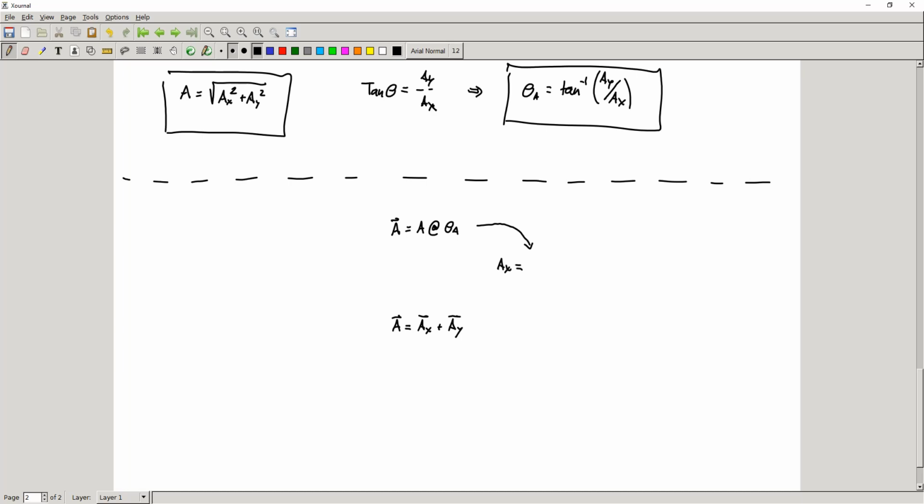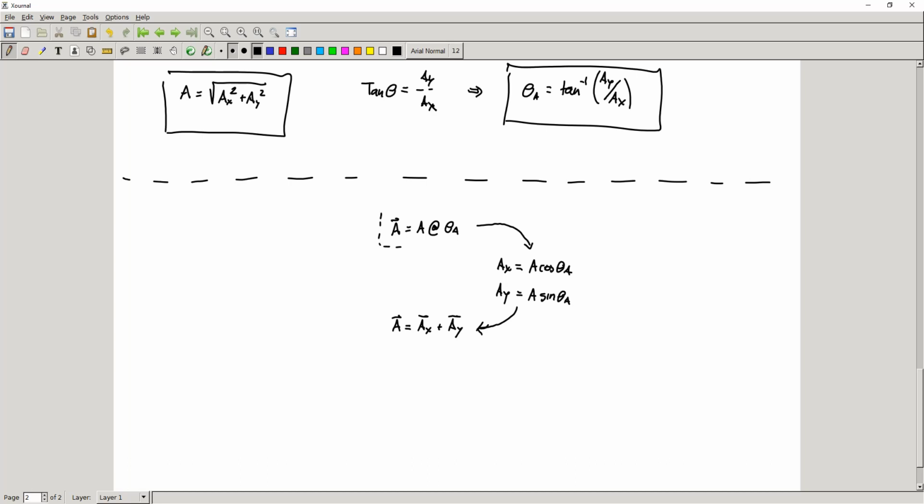Ax is equal to a cos theta a, and ay is equal to a sine theta a. These equations will bring us from the top representation of the vector down to the bottom one, right?